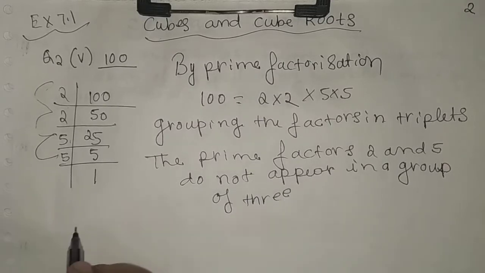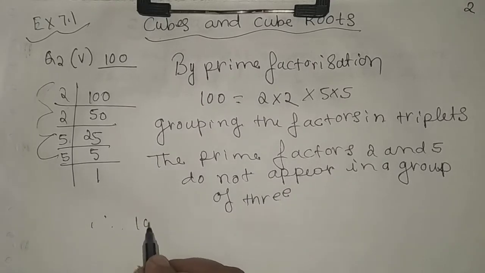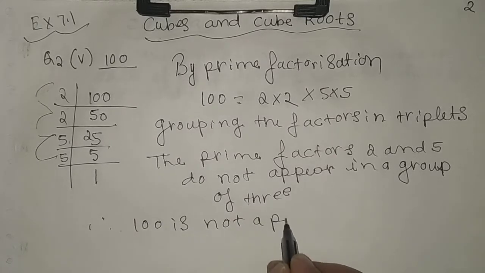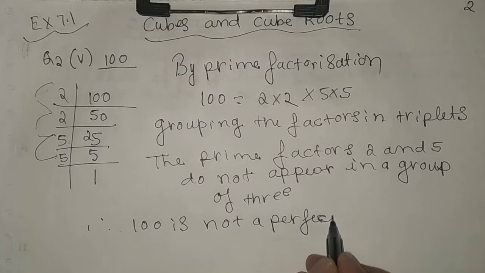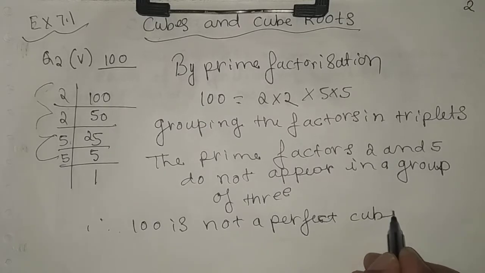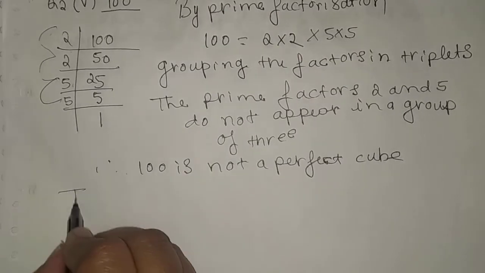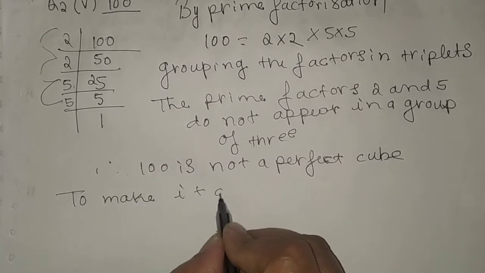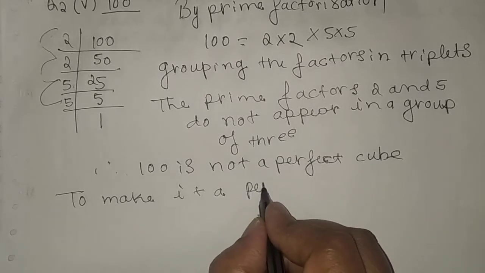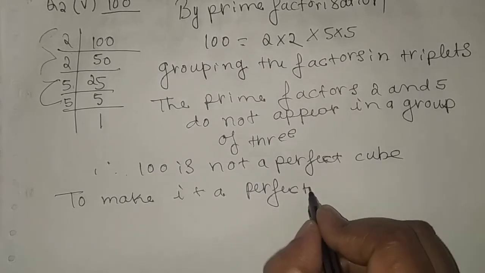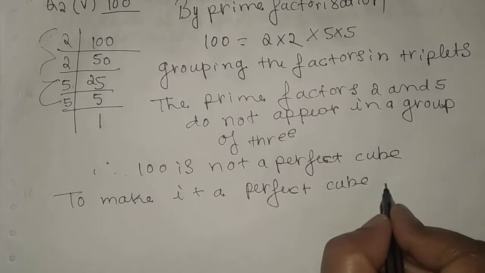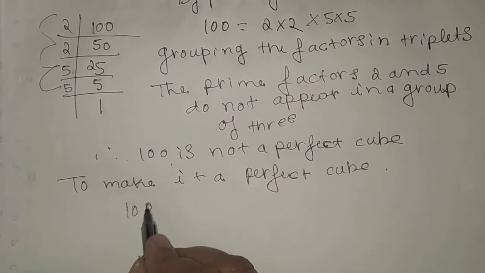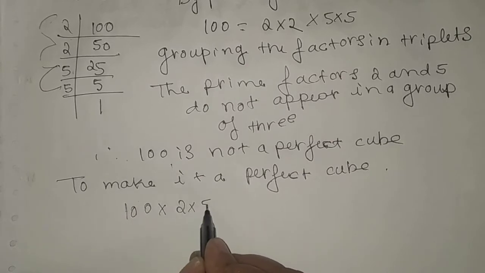Therefore 100 is not a perfect cube. To make it a perfect cube, 100 should be multiplied by 2 into 5.